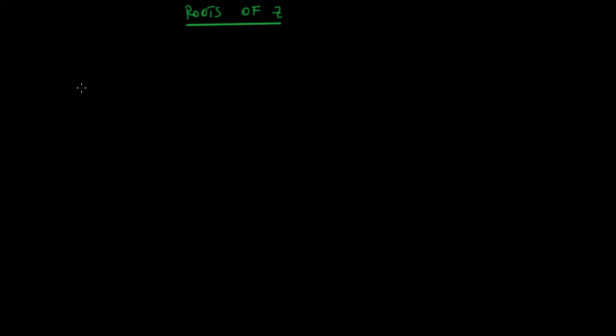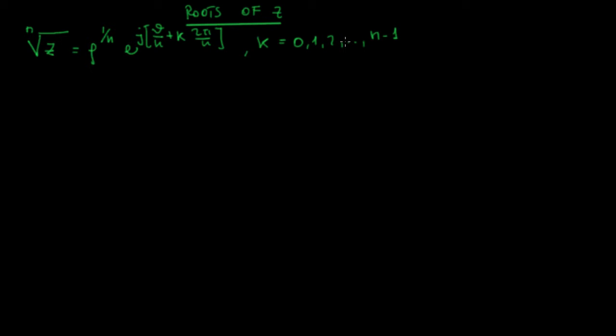Remember that last time we found this fundamental formula: if we want to find the nth root of z, it is given by rho raised to 1 over n times e to j (theta over n plus k times 2 pi over n), where k takes values from 0, 1, 2 up to n minus 1. Okay, let's apply this formula to some numeric example.